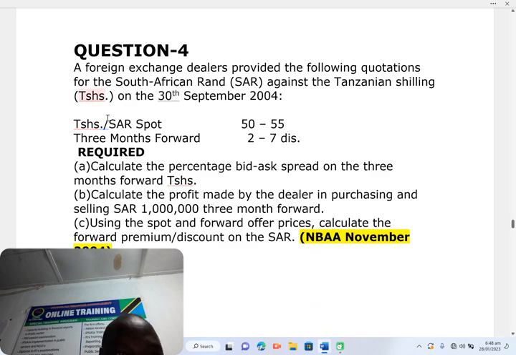So even this TZS is written in a way that we don't reflect it.